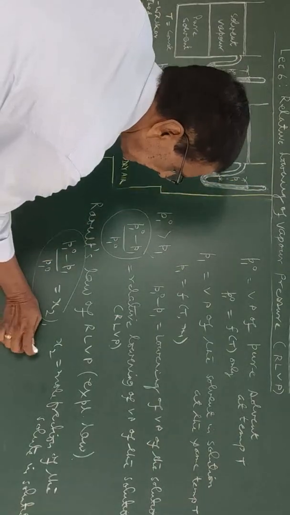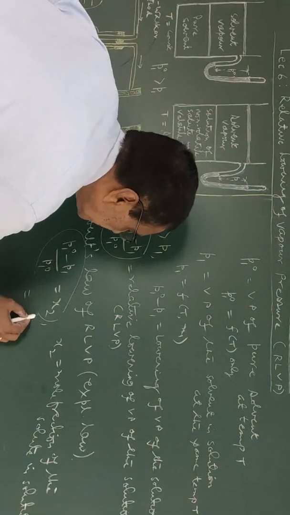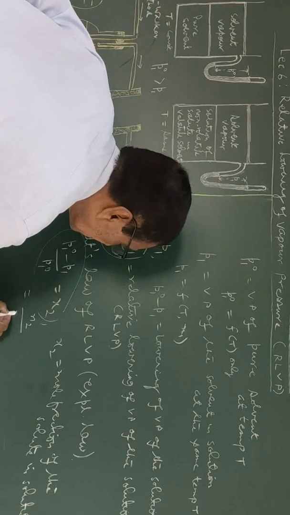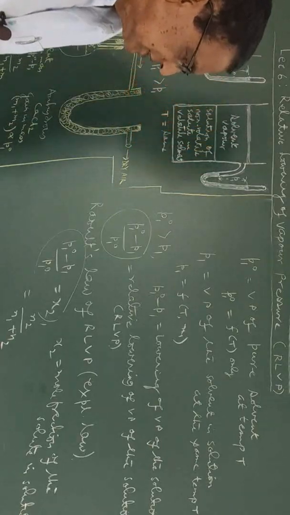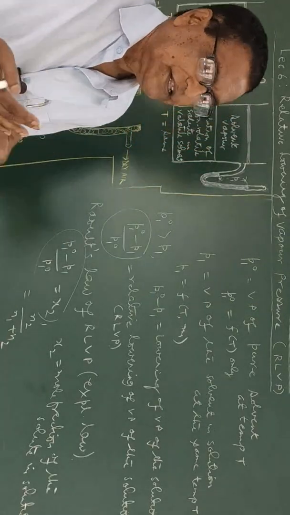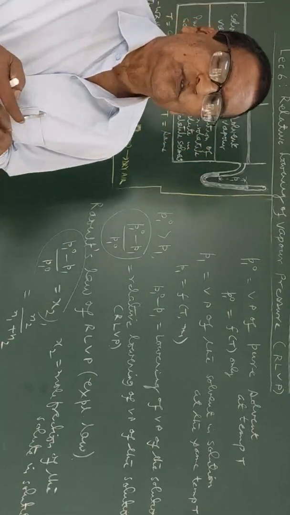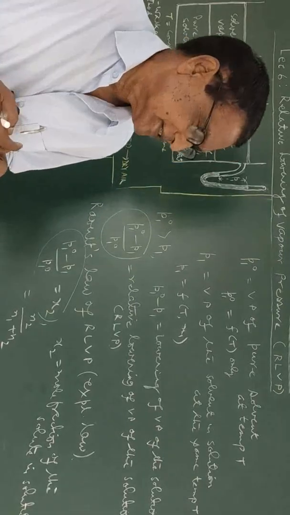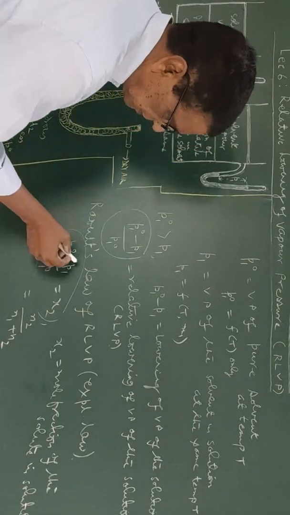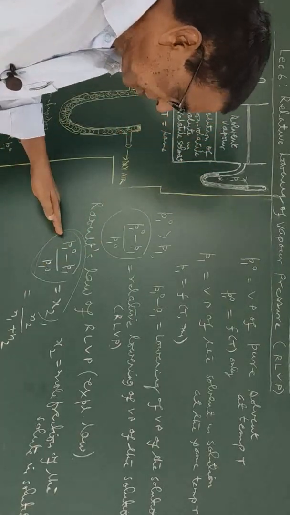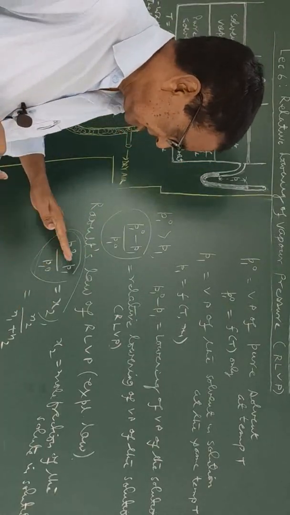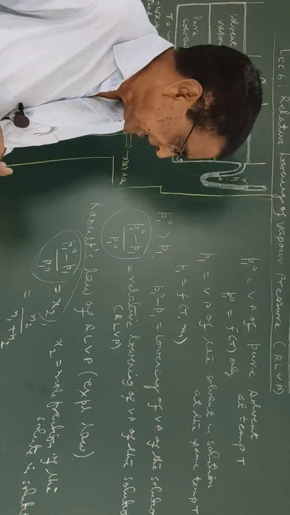And instead of writing X2, we can write N2 divided by N1 plus N2. Since 1 mole of any solute is equal to the Avogadro number of particles, this property RLVP could be shown to be a colligative property.